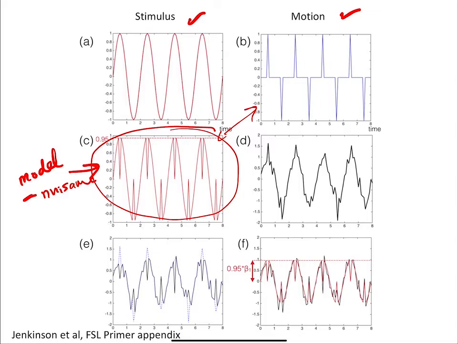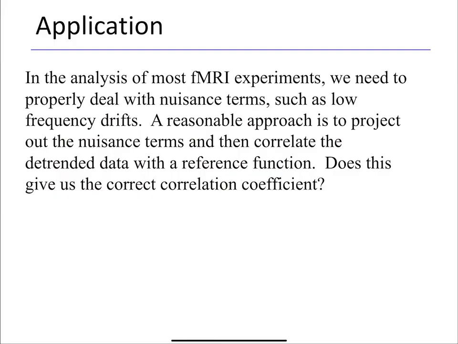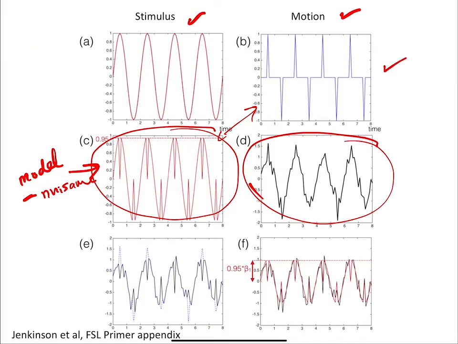And then this is my measured data, and basically I first have to take out any part of the data that can be explained by my motion. That leaves me with this black curve here. So at the end of the day, I ask how much of my data here in black can be explained by my model after I've taken out the nuisance terms.